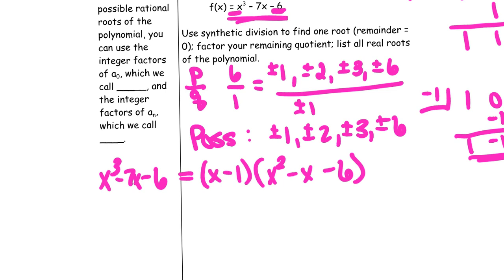Does that make sense? Right here, oh, it's a plus 1. Sorry. Whenever you go to put it inside of the factor, it's always the opposite. So we will use the one that doesn't have a remainder. Correct, because that makes it a factor.